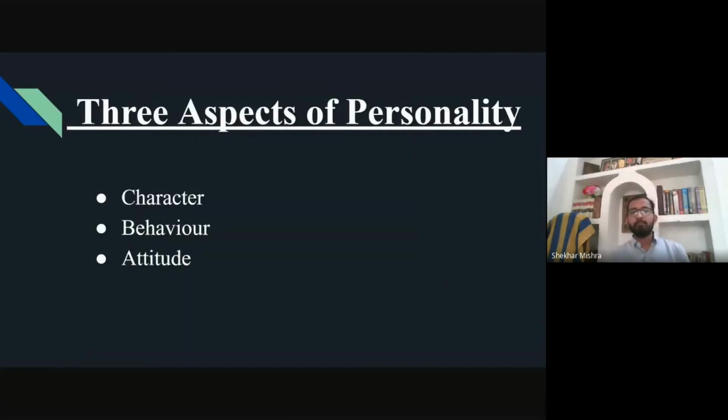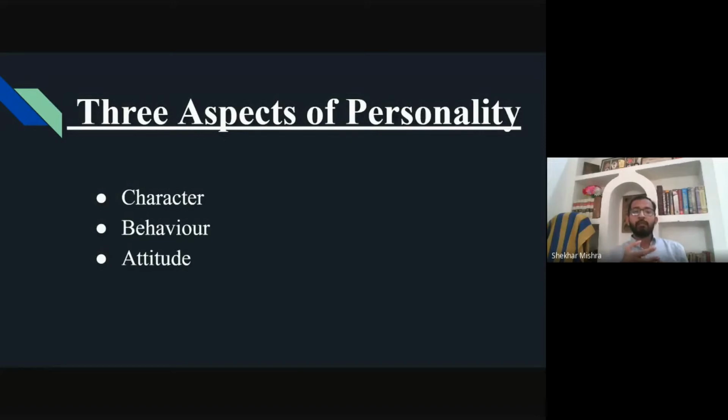What are the aspects of personality? Aspects of personality are character, behavior, and attitude. Your character, your behavior, and your attitude define your personality. Like if you are behaving very humbly, in a very polite manner, if you are taking everything positively, then that is a positive sign of your personality and people consider it good.